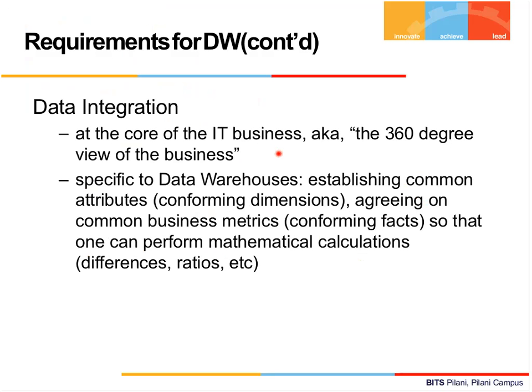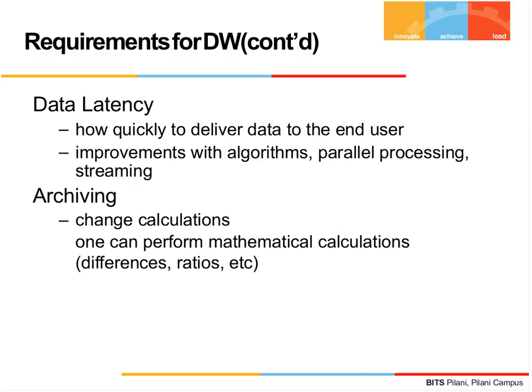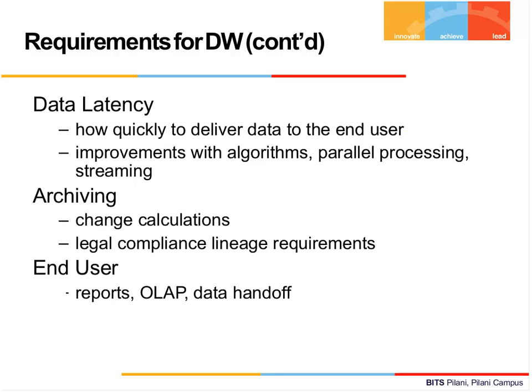We're going to talk about conforming dimensions and conforming facts, and touch on these topics in detail as we go into the class. But the point of this slide is that we want to make sure the data we're bringing in belongs to that particular business unit, and that it is properly transformed and then put correctly into that particular ODS or information store, whatever we're going to keep in the data warehouse.